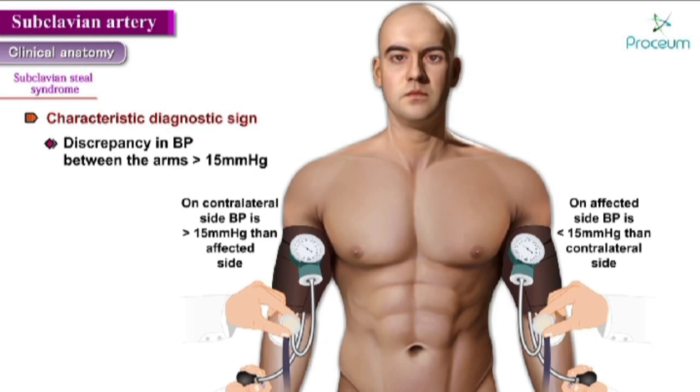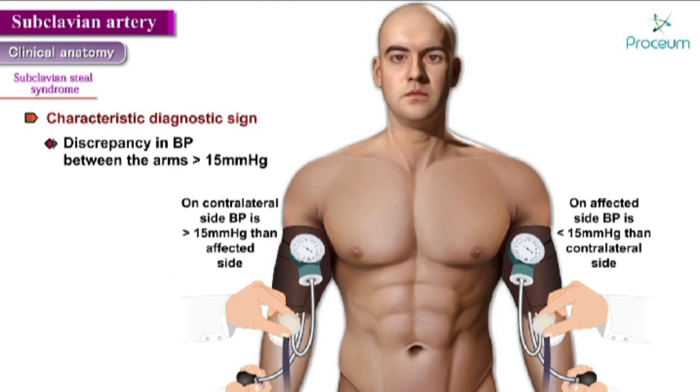Here is a characteristic diagnostic sign of subclavian steal syndrome, which is a discrepancy in blood pressure between the arms, which is greater than 15 mm of mercury, because the ipsilateral subclavian artery is occluded because of atherosclerosis.